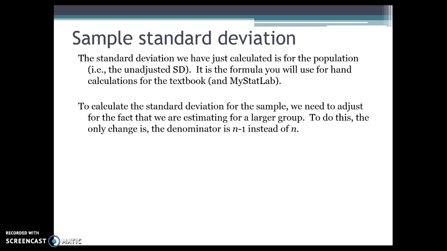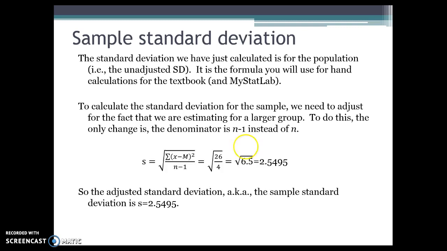To calculate the standard deviation for the sample requires an adjustment. That's why they call it the adjusted standard deviation. That formula, if you're calculating it for a sample, tends to underestimate the amount of variability in the data set. So there's a small change we use.